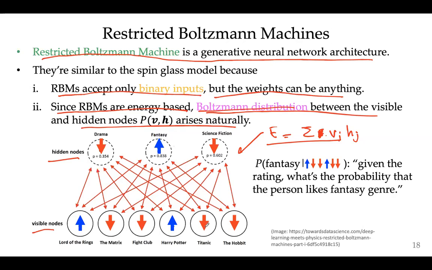So given these inputs, this model tries to infer, for the person that made these choices, the probability distribution of whether that person likes fantasy movies, for example, or science fiction movies. So for this particular selection, it turns out that the highest probability is that the person likes fantasy, not drama, and not science fiction.